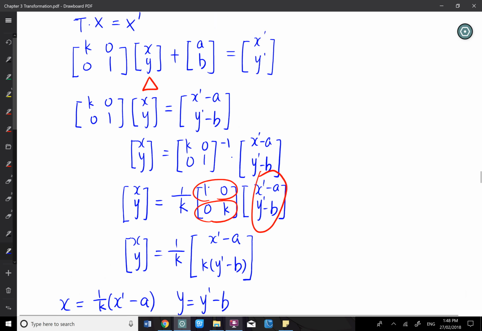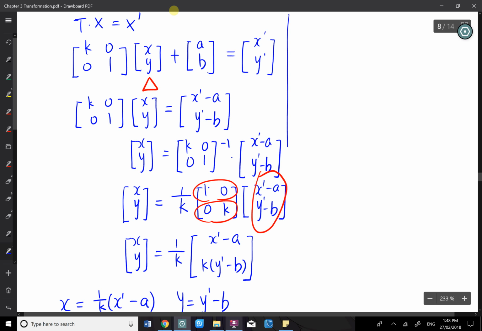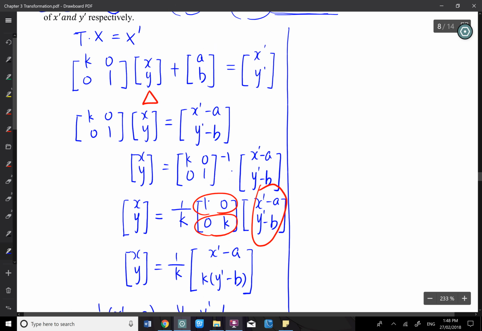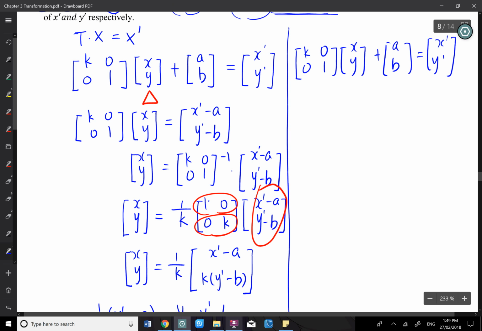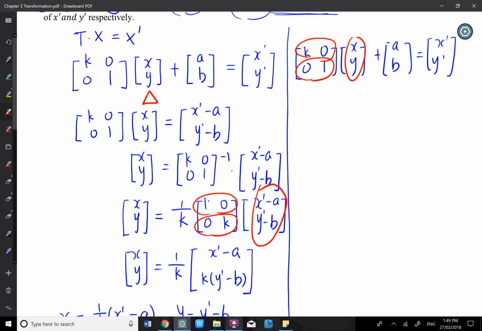So let's expand this matrix. Okay, I'll copy this line again. That's the matrix we write. I will just calculate it. I don't care what the subject is, just expand and equalize the top and bottom.